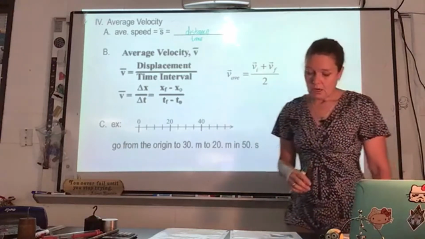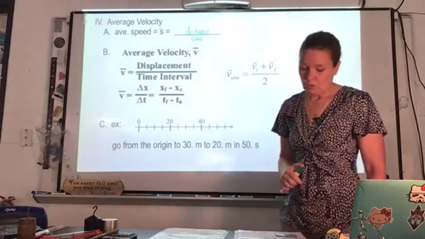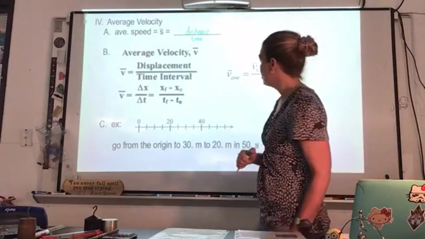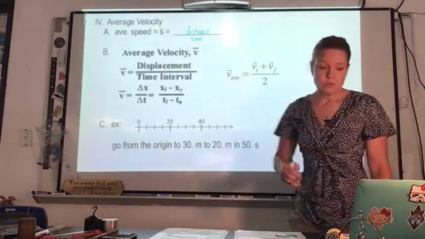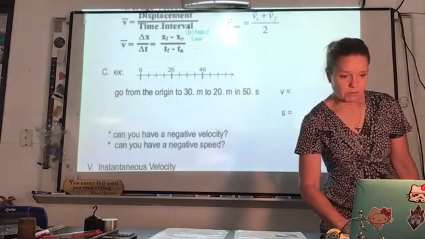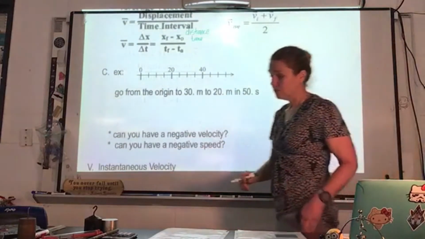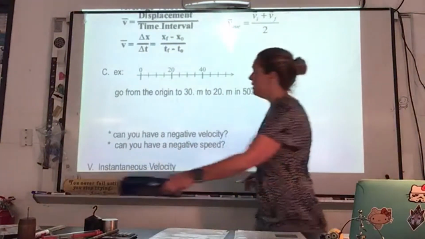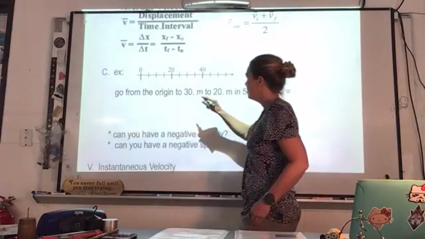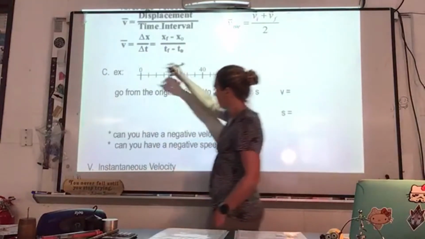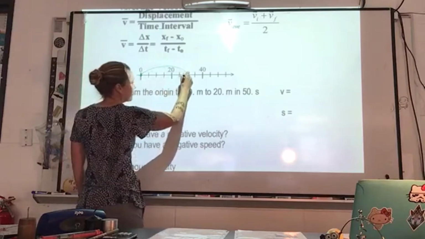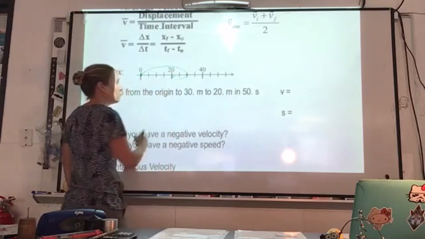All right. The best way to see what we are doing is to get a sample question here. So let's do this one. Let me move this up a little bit so we can see our number line and the question. All right, if we are going from the origin, okay, and then we go to 30, and then we go to 20. Oh, we did that before.